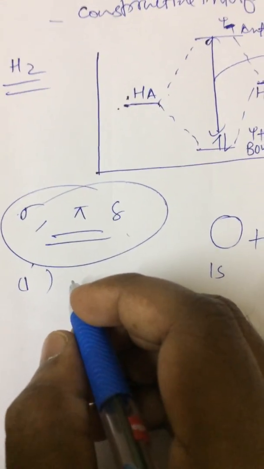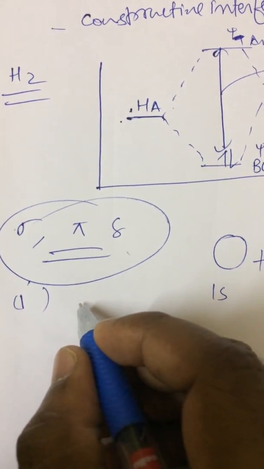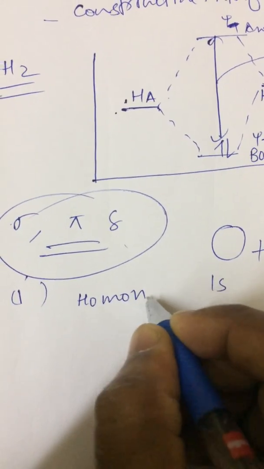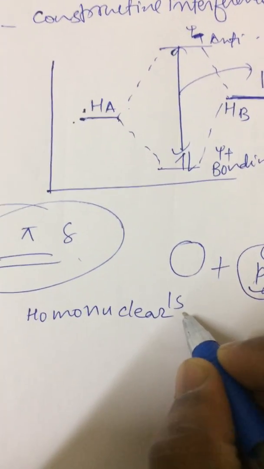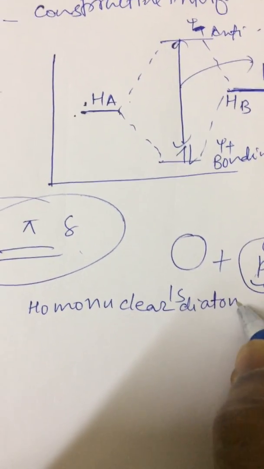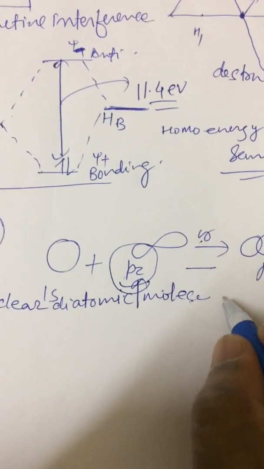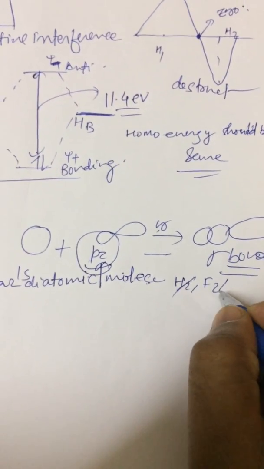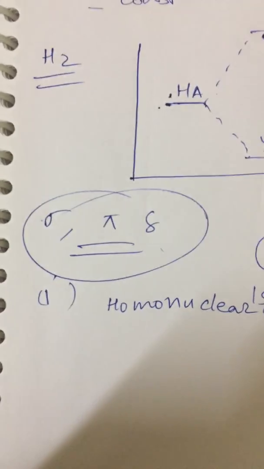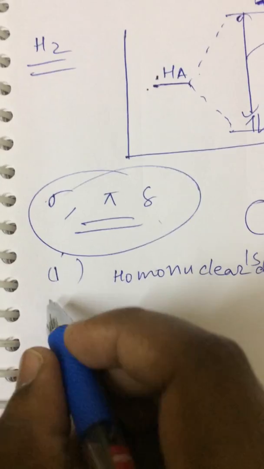So if you consider homonuclear diatomic molecules like H2, F2, O2, B2, these are homonuclear diatomic molecules.